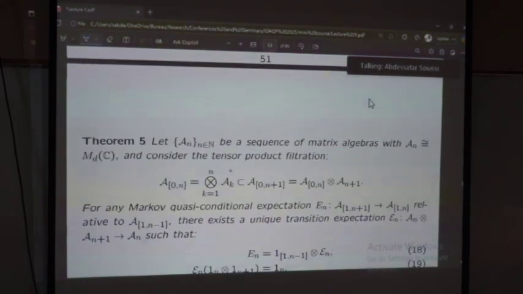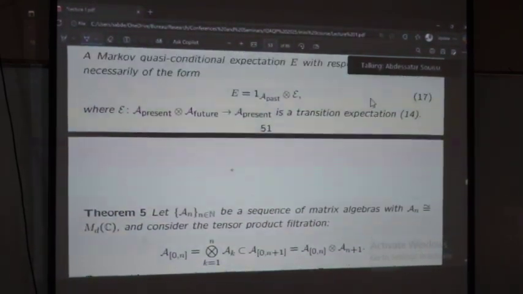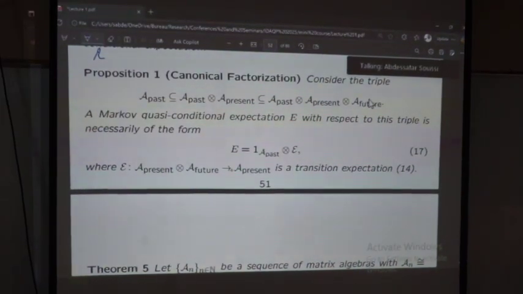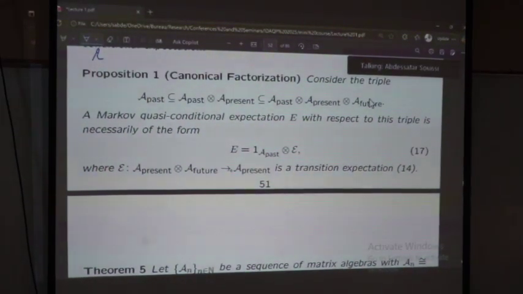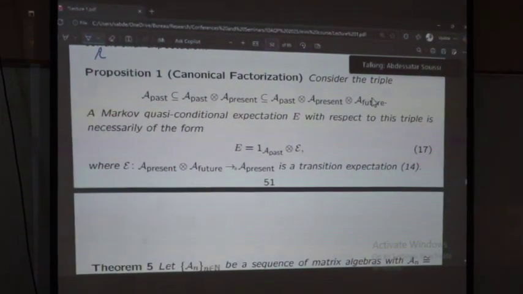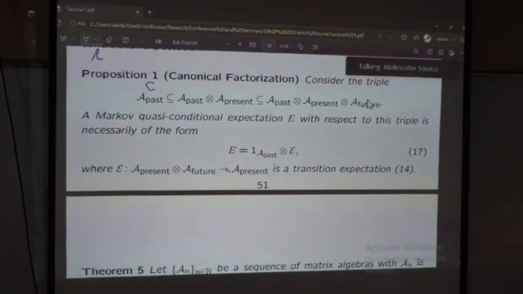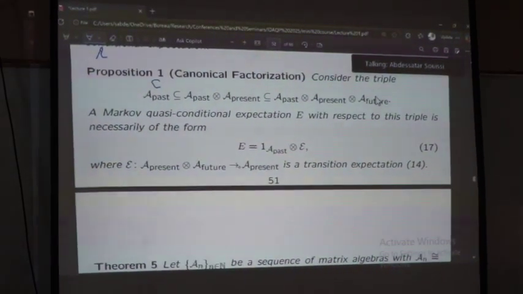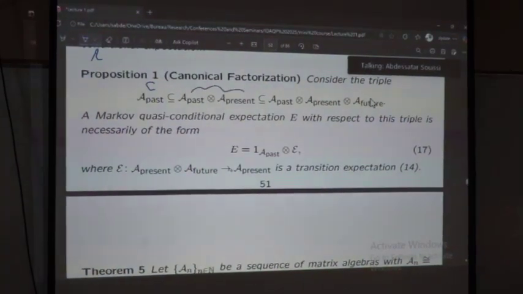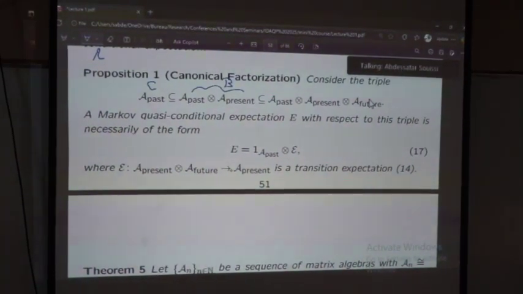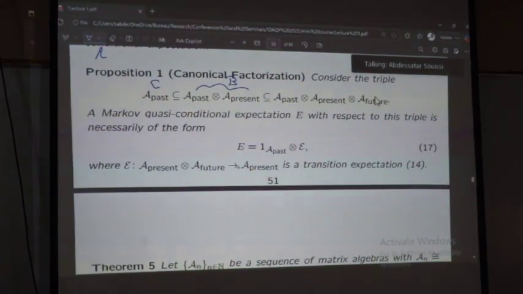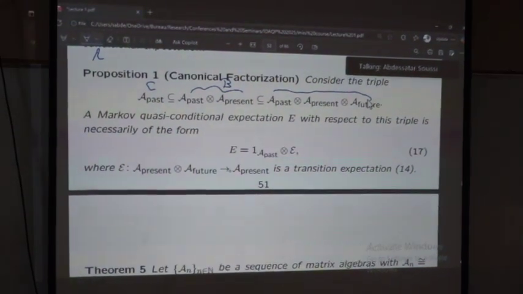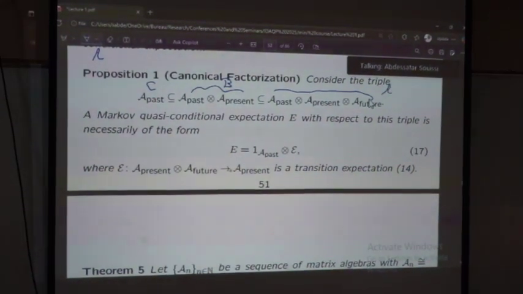Now we are given three algebras. The first one, which is C here, the smallest one, is the past algebra, and the present algebra, which is here B, and the biggest algebra A: past, then present, then future, which is A.